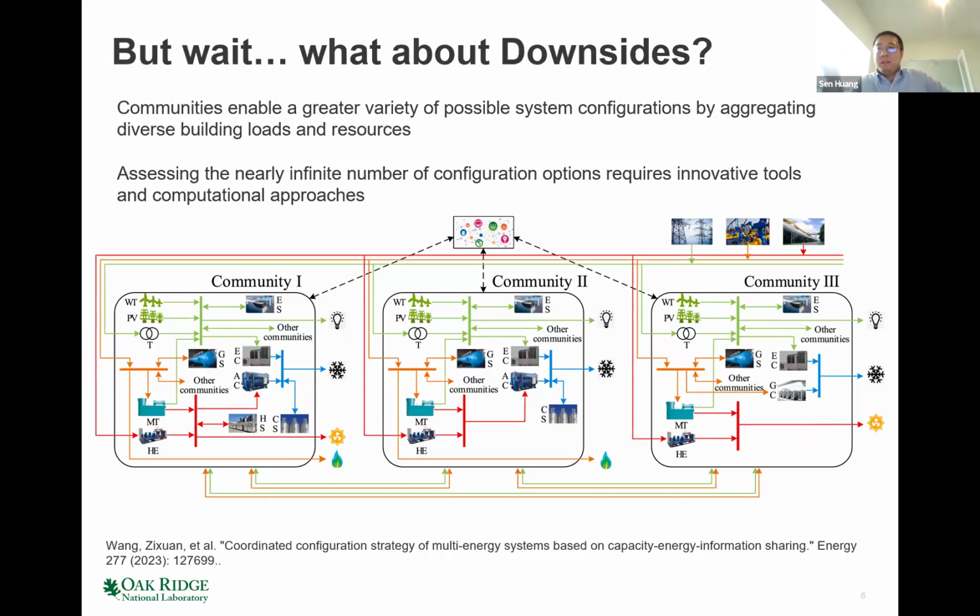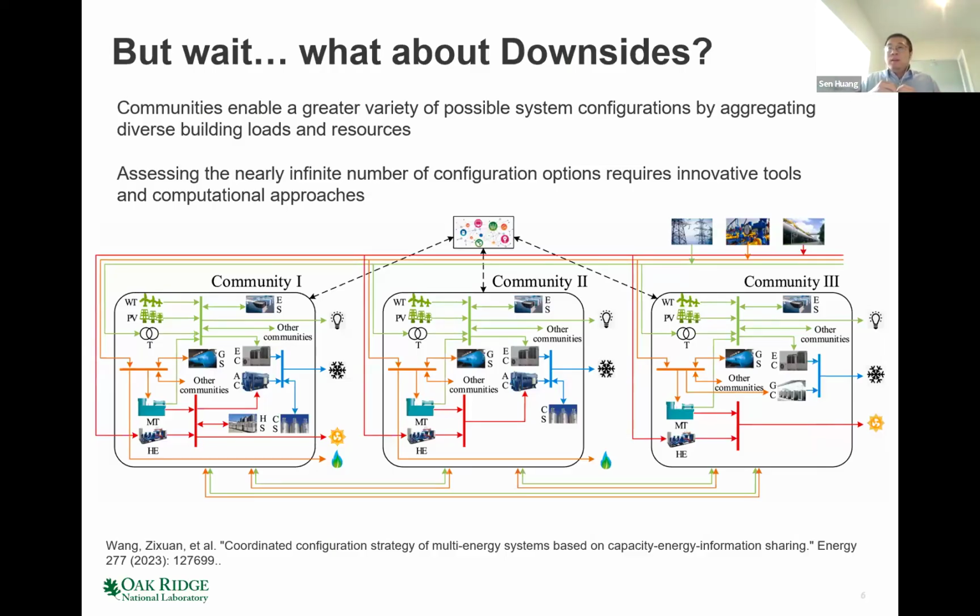Unlike a single system, which is restricted by size and does not have a lot of options. For example, generally it's not wise to have CHP for a single building. But now CHP for the community is definitely a viable option. But how can you consider so many options, because the different options for the components can easily propagate into a combination of options.